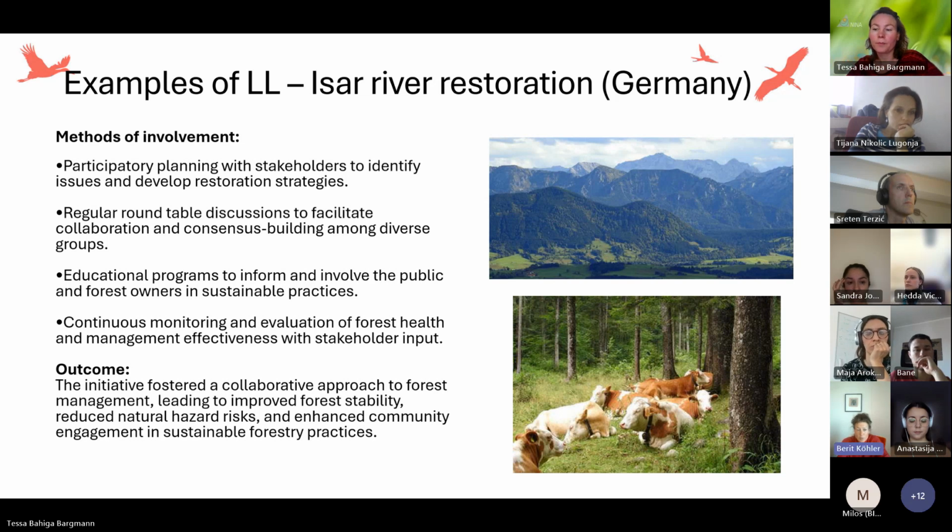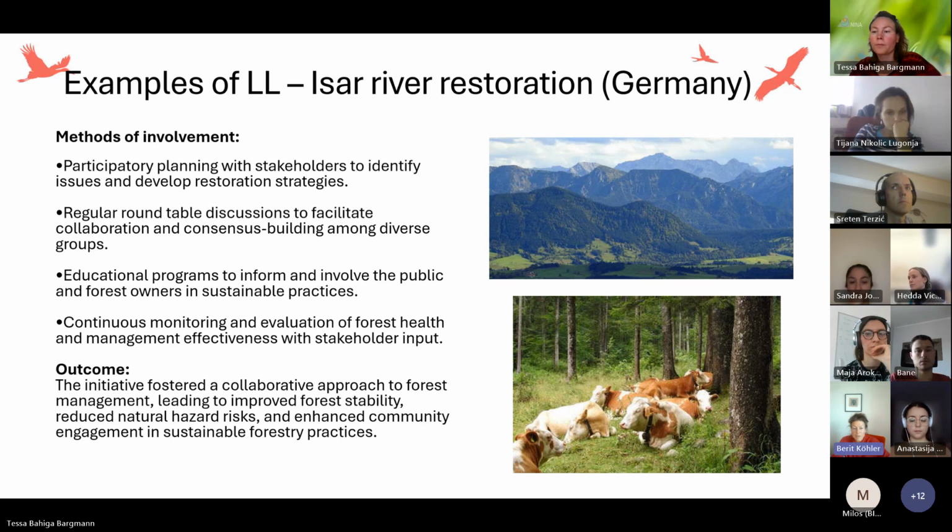The methods that were used here to involve the different stakeholders included also here participatory planning to identify issues and to develop restoration strategies. And they had regular roundtable discussions to facilitate this collaboration and to come to a consensus building among the diverse groups.